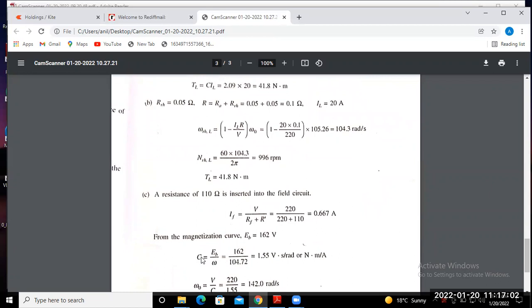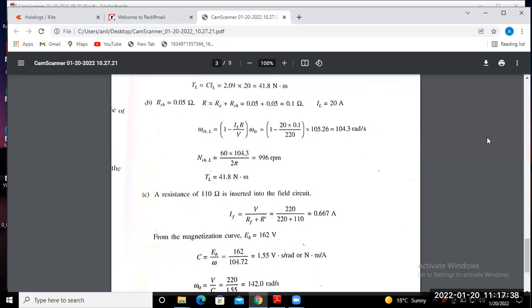K is already constant, so K phi is replaced by another constant, that is C. So to find out the constant term, that means EV by omega. EV is given to you as 162 volt and omega equal to 104.72, which you already found. So the constant changes here, that means 1.55. Note that it is 1.55 volt second per radian, or Newton meter per ampere.